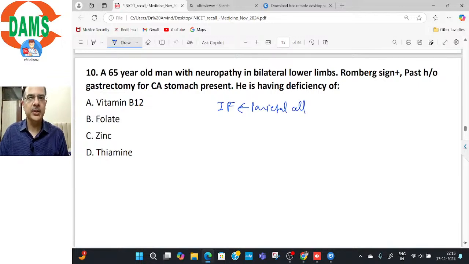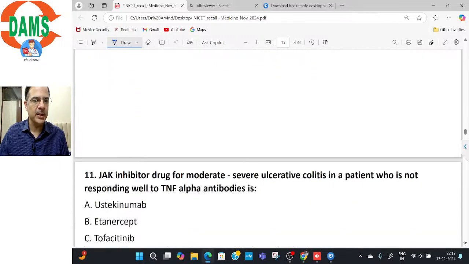So if the stomach is removed, gastrectomy is done, and the patient develops signs of neuropathy, Romberg sign is positive, dementia is there, megaloblastic anemia is there, the answer will be B12 deficiency, because of the loss of the intrinsic factor. Invariably it will lead to it. While folic acid deficiency does not occur in gastrectomy, and zinc and thiamine deficiency do not cause these symptoms. Now come to question number 11.